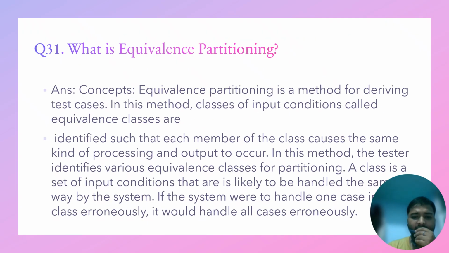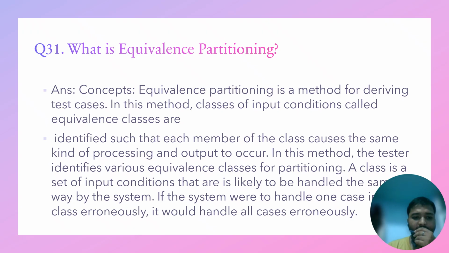What is equivalence partitioning? Equivalence partitioning is a method for deriving test cases. In this method, classes of input conditions called equivalence classes are identified such that each member of the class causes the same kind of processing and output to occur.